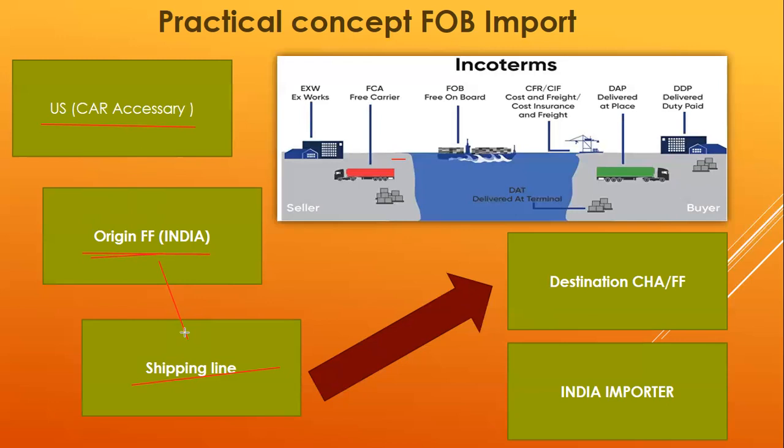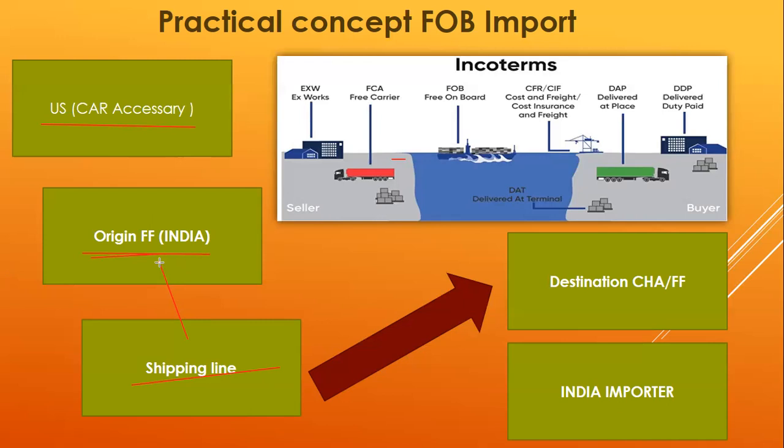These freight and other expenses belong to the original shipping line, like Maersk Line, ONE Line, Emirates Line. The freight forwarder manages this activity on behalf of the Indian importer, pays these expenses to the shipping line, and the shipping line gives the bill to the Indian freight forwarder.